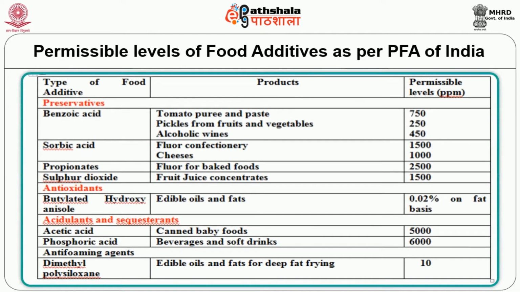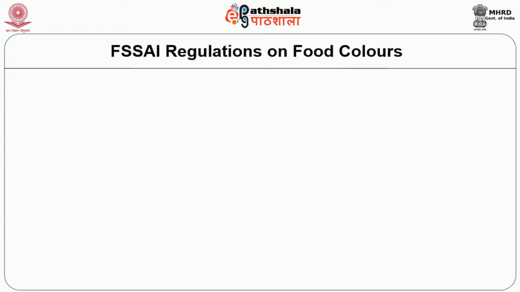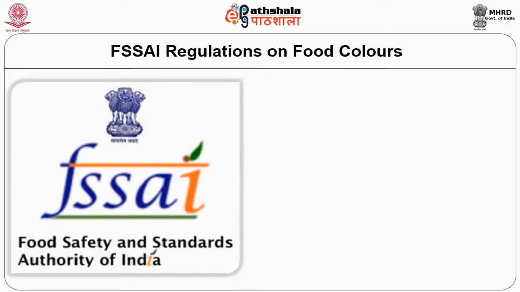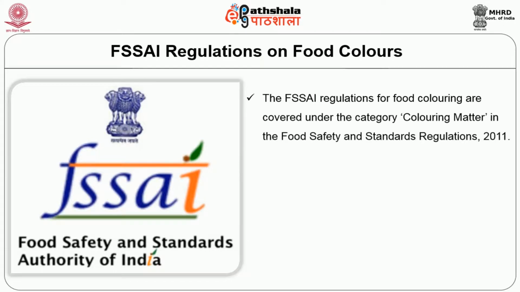And now this slide shows the permissible levels of food additives as per PFA of India. FSSAI Regulations on Food Colors. The FSSAI regulations for food coloring are covered under the category Coloring Matter in the Food Safety and Standards, that is, Food Product Standards and Food Additives Regulations 2011.